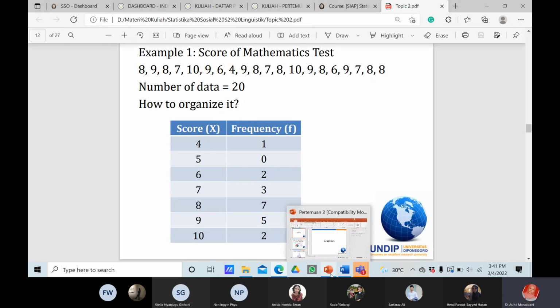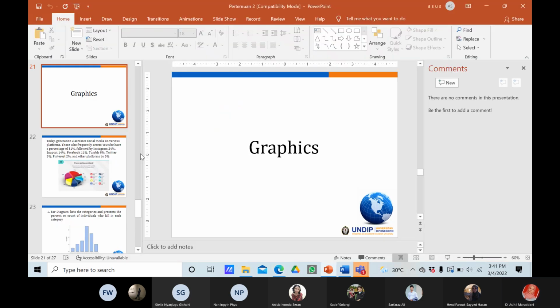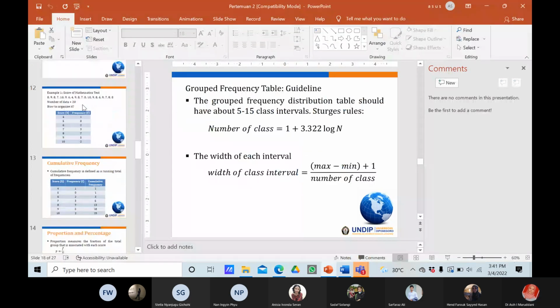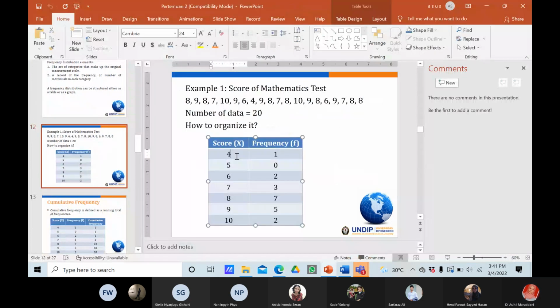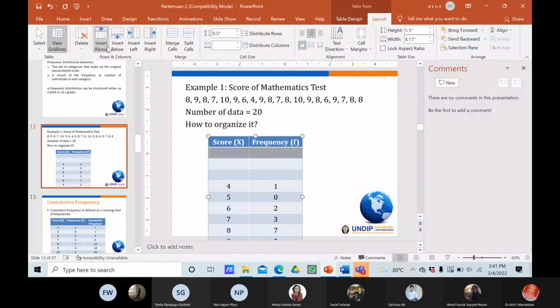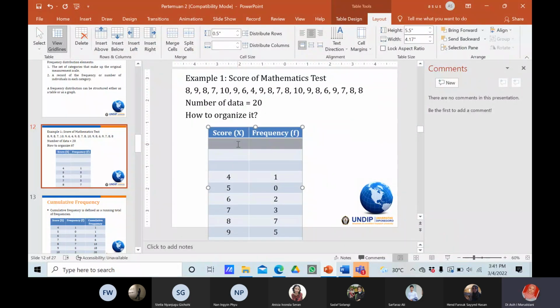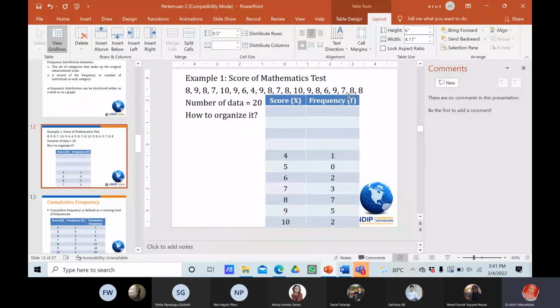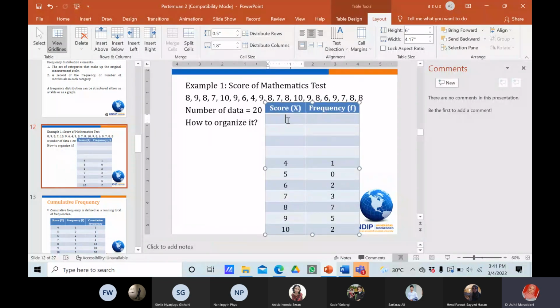Maybe I will do it with PowerPoint. Look at this table. You can start with 0, 1, 2, 3.